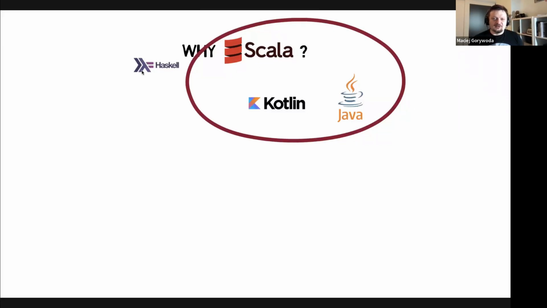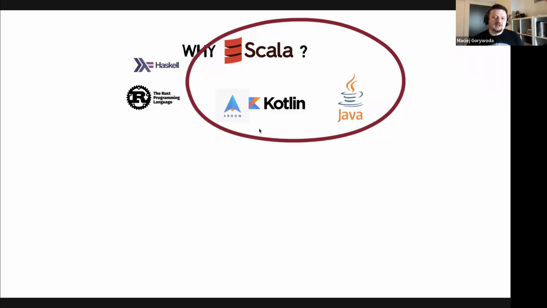On the functional side, we can say that Scala is more similar to Haskell. I know that Rust is also implementing some functional programming principles, although because of the specific problems that Rust is supposed to fix, it cannot be done as well as in Haskell or Scala. And there is also a big library called Arrow, a functional companion to Kotlin.